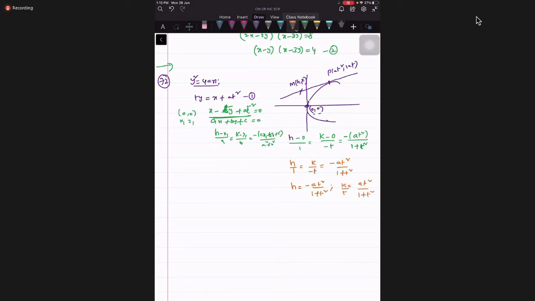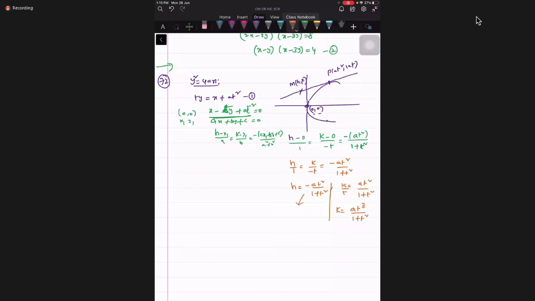Now anywhere from it, you can pick up t and substitute. Now k equal to at cube divided by 1 plus t square.